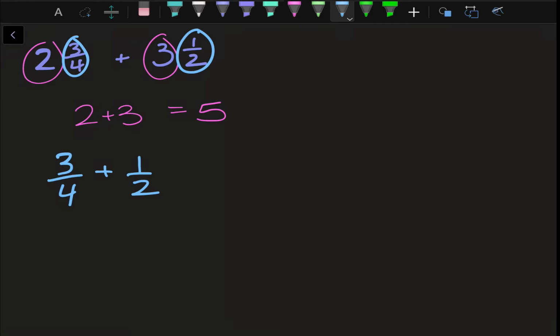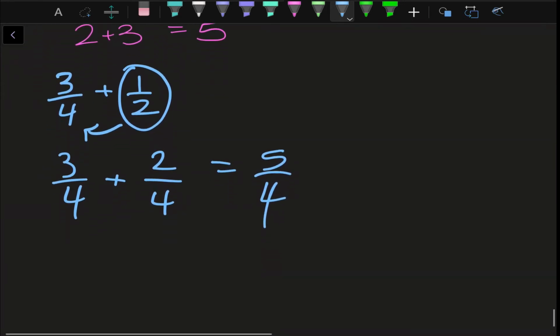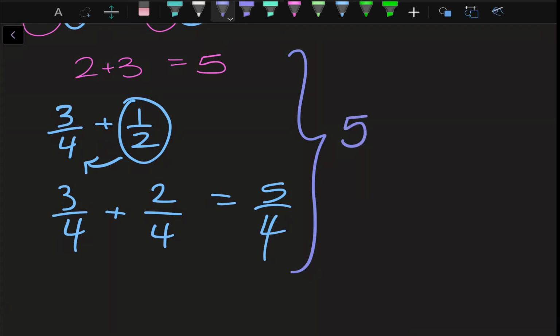Now they're not the same, so we have to change this half to make it fourths because we can. So I get 3/4 plus, times 2 on this one, 2/4, gives me 5/4. And then my last step is to take my whole number and add it to my fraction. So my whole number's here, this 5, so I'm taking 5 and I get 5 and 5/4.